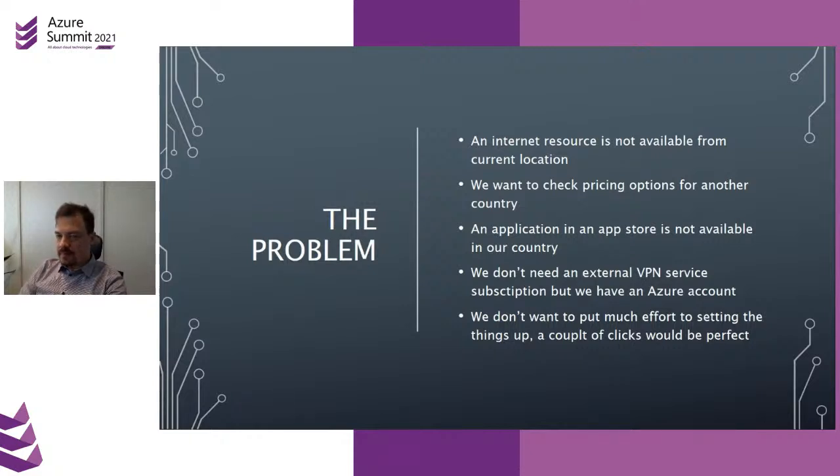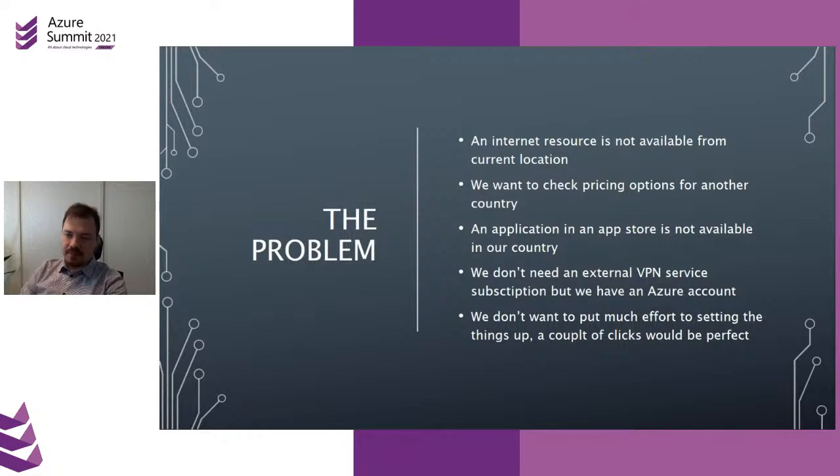So let's look at the problem itself. What if, for example, an internet resource is not available from your current location, from the country you're in? Obviously, there are limitations in countries like China, North Korea or Russia or whatever.